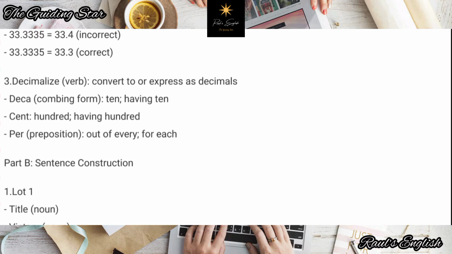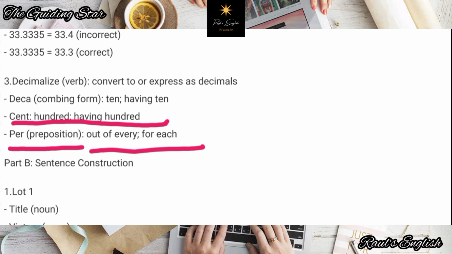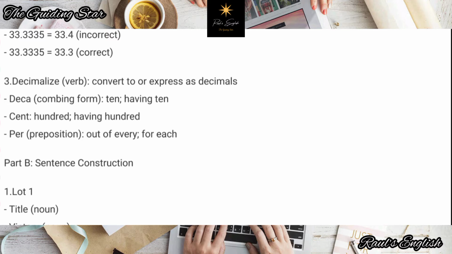Decimalization is when you divide it into tens. In the same way, cent means 100, and per means out of every, for each. So out of every 100, percent. That's how you get these words. Deca is 10 and cent is 100. We've done this before, but there was some revision for you.